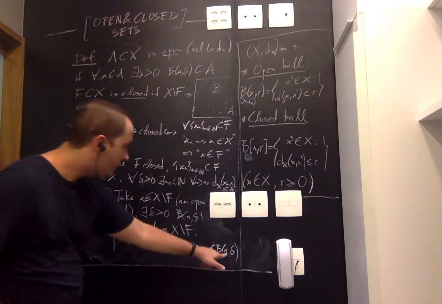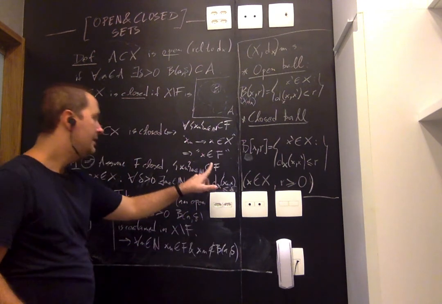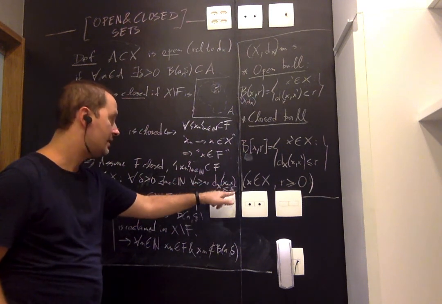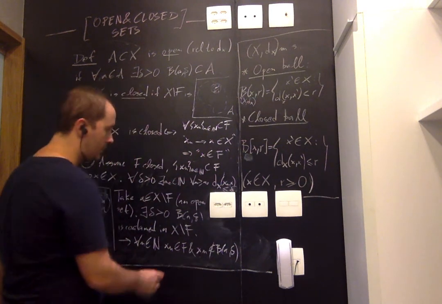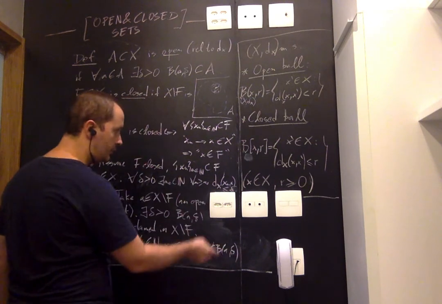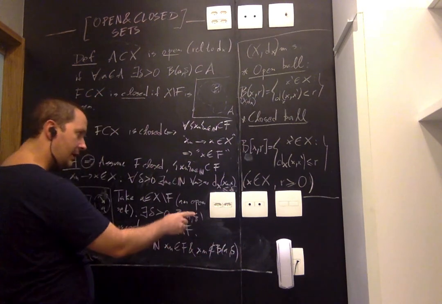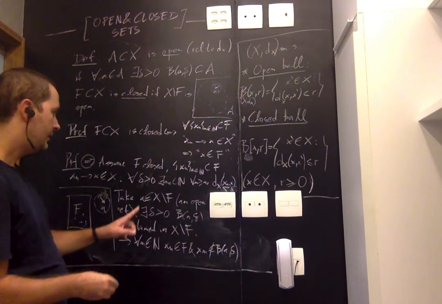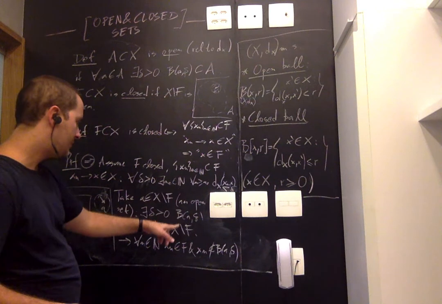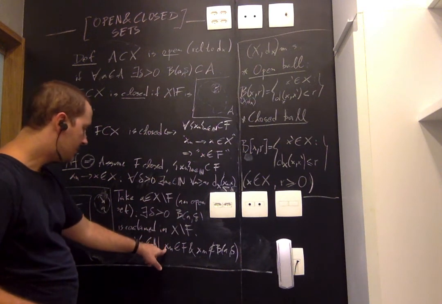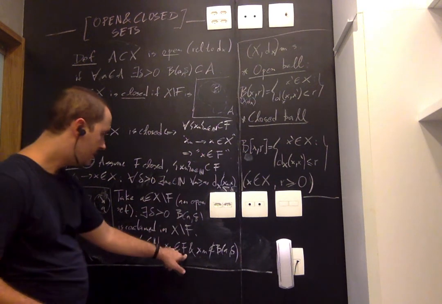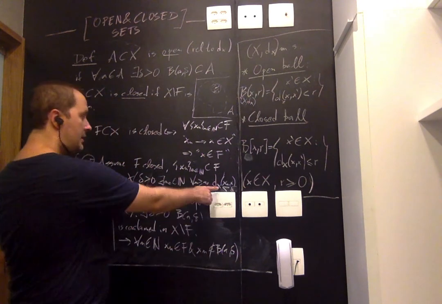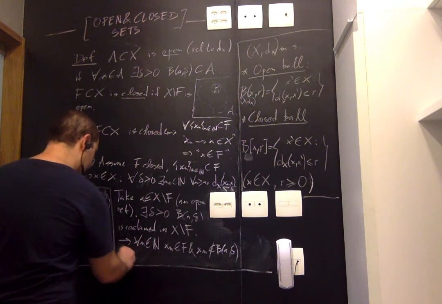But we know that if a was the limit, then there would be values of n such that x sub n is at distance less than delta, or less than whatever you want, from a. Maybe I should have written this with less than delta because that makes it immediately clear. But let me say again: if x sub n is a term of my sequence, it lies in F. Therefore, its distance to a is always greater than or equal to delta. And from this, you can see that a cannot be the limit.